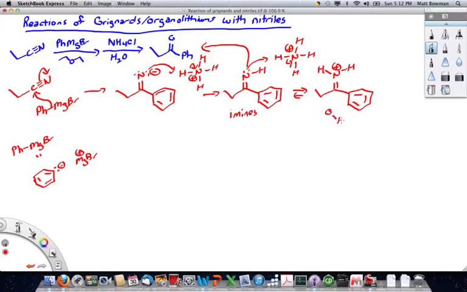And then water can then attack the imine carbon.